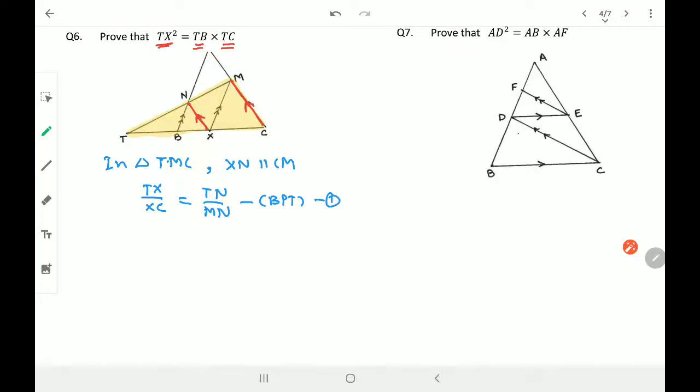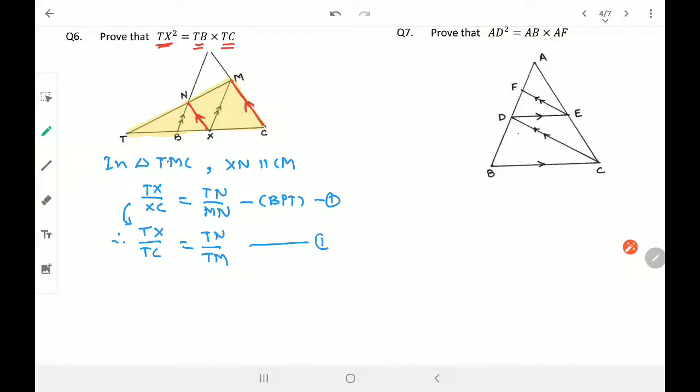Now you will ask, while saying you said you have to use the second form of BPT, where I'm using the first one. But let me tell you, before using the second form, this must be written. You have to write this. So keep this in mind. If I'm using the second form of BPT, the first form of the BPT you must mention. Okay, so I have already mentioned the first form of BPT, and now using this directly you can say, therefore second form, that is TX upon TC is equal to TN upon TM.